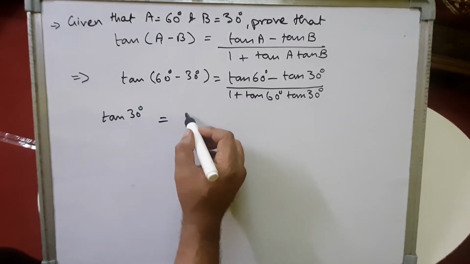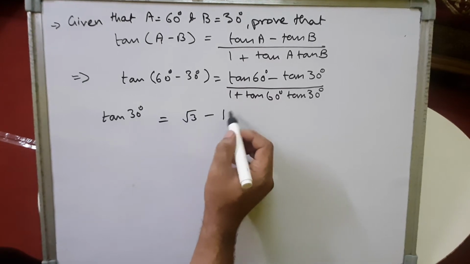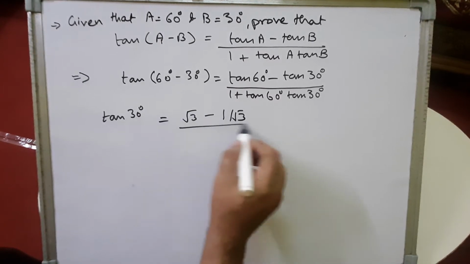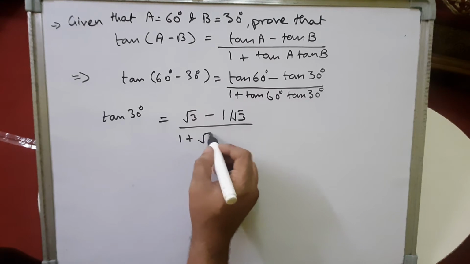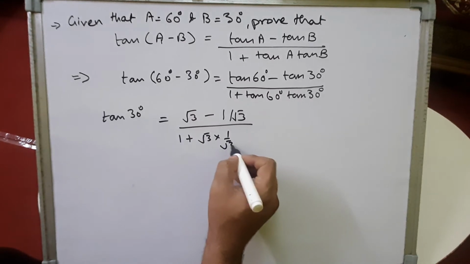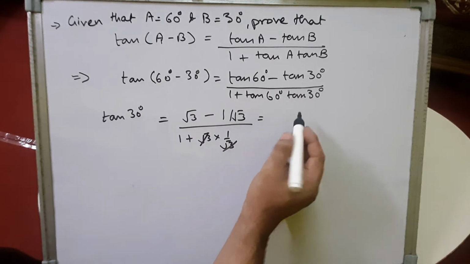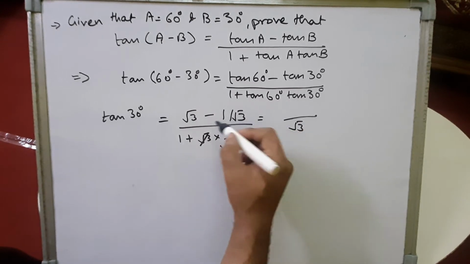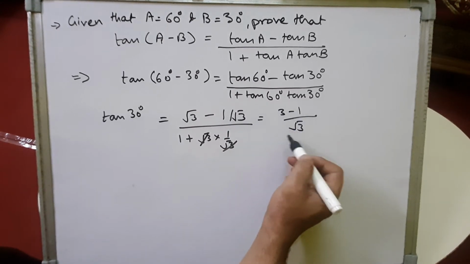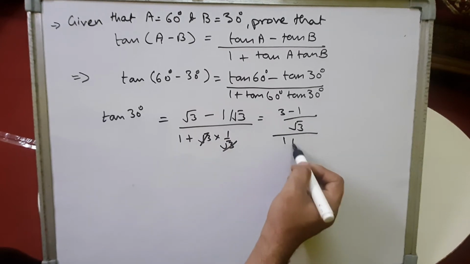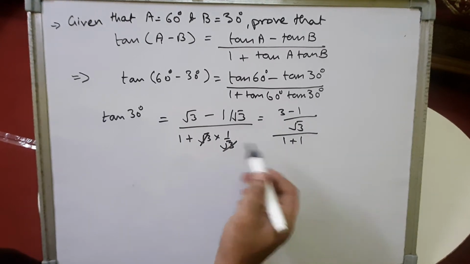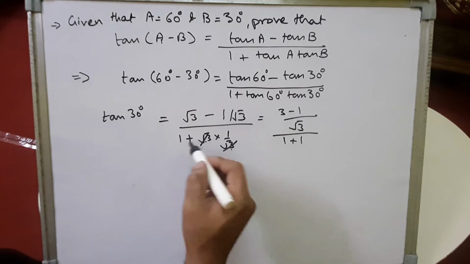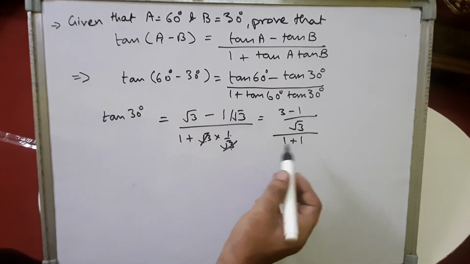Here we substitute the value of tan 60, which is root 3, minus 1 by root 3, since tan 30 is 1 upon root 3, upon 1 plus root 3 into 1 by root 3. So this root 3 and root 3 will get cancelled. Take root 3 LCM in the numerator, so it will become 3 minus 1, and 1 plus 1 will be in the denominator here. This root 3 and root 3 will get cancelled. Here 1 left, here 1 left, 1 plus 1.